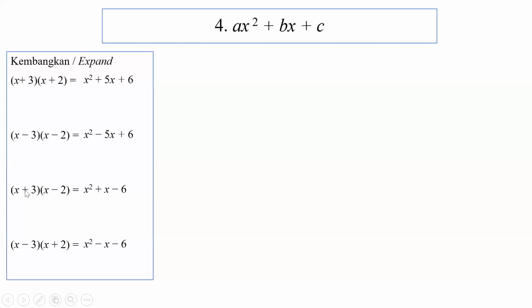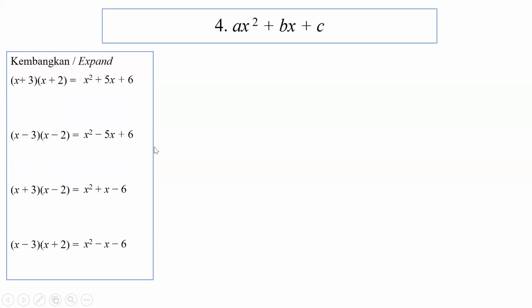In the third and the fourth, one is positive, one is negative, and one is negative, one is positive, just that they are with different numbers. So what is the relationship of all these signs to our expansion? Now you will notice that 6 is seen in all four of the expansions.